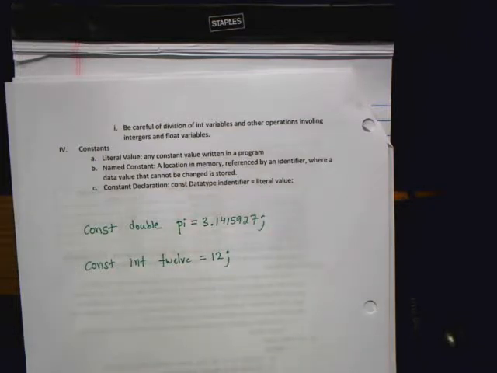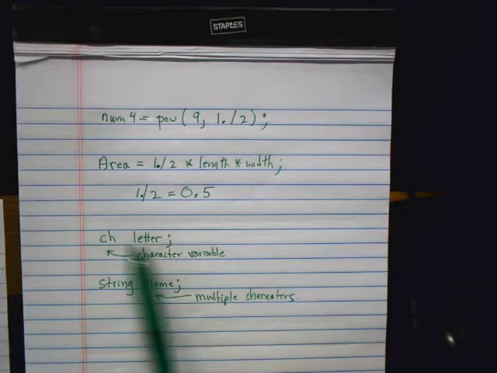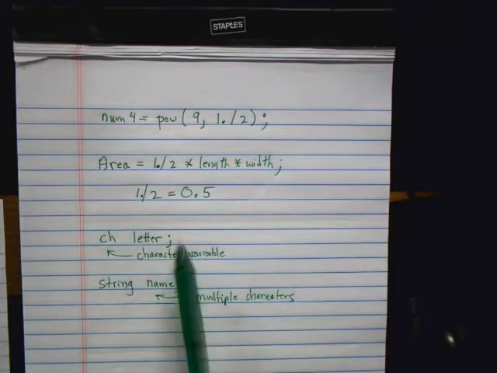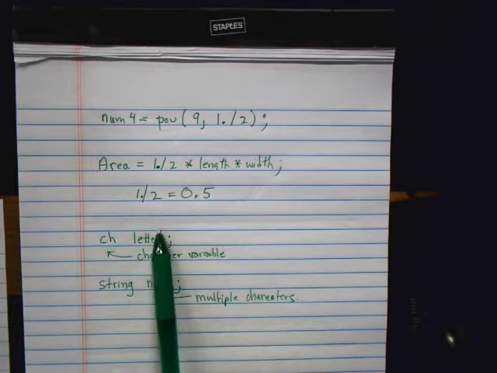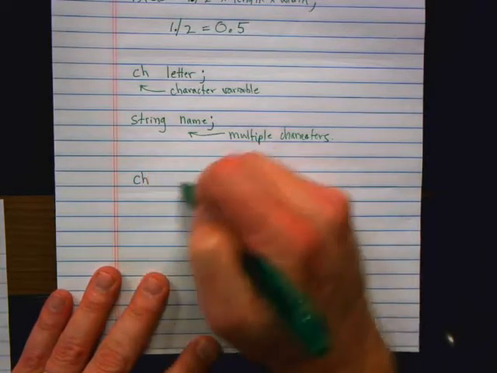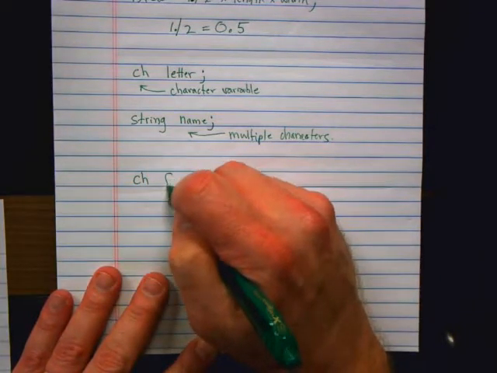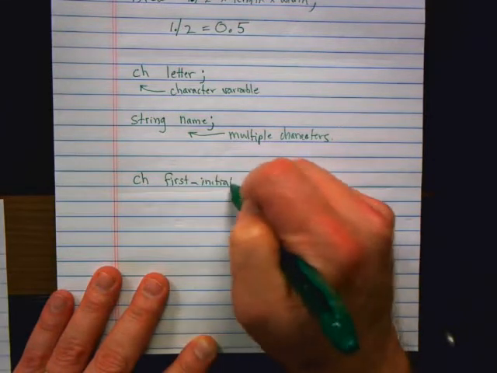A character, when you use a character type variable, the same rules apply for naming. The name has to begin with a letter. It can have numbers in it. For example, you could do CH-first-initial.